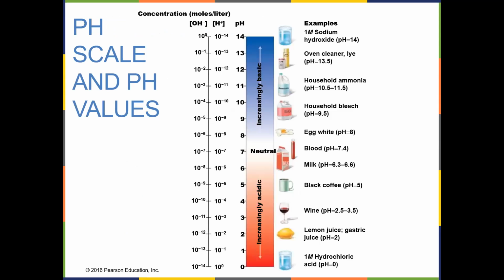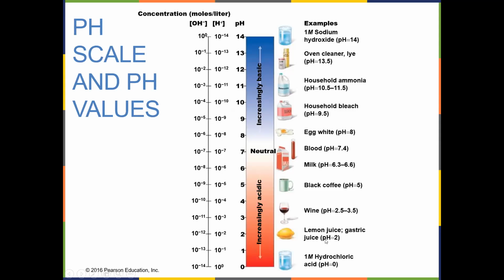There's the scale right there. Human blood runs at pH of 7.4. It's already slightly alkaline, probably because CO2 is always forming in it. A few examples here. If you like coffee, coffee has a pH of 5.